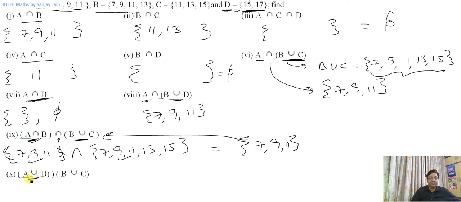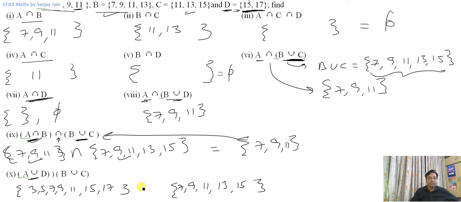A union D. A union D means 3, 5, 7, 9, 11 and then elements of set D, 15 and 17. Right? And then you need B union C. B union C will give you 7, 9, 11, 13 and 15. Now if you want to take their intersection, it will give you 7, 9, 11 and 15.